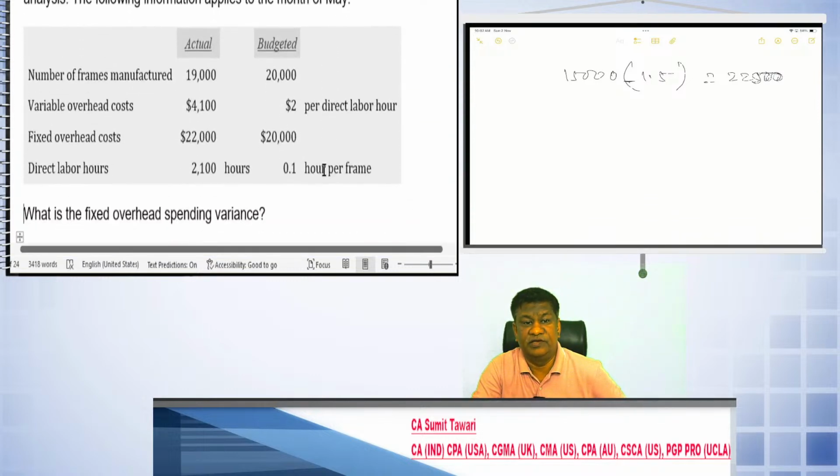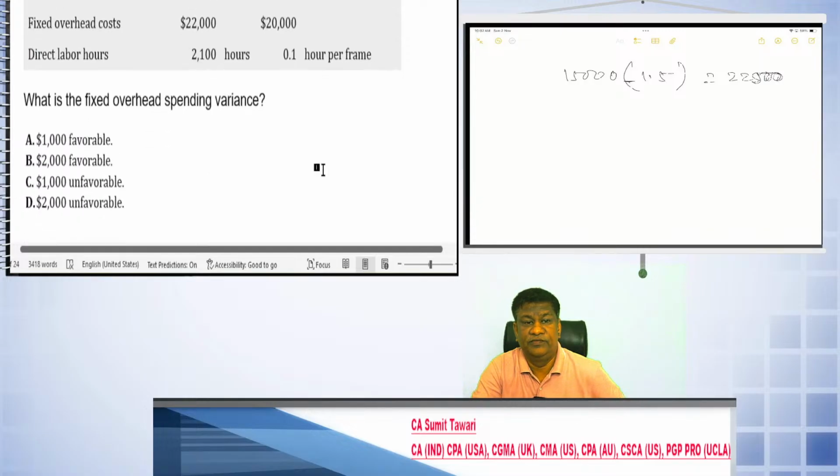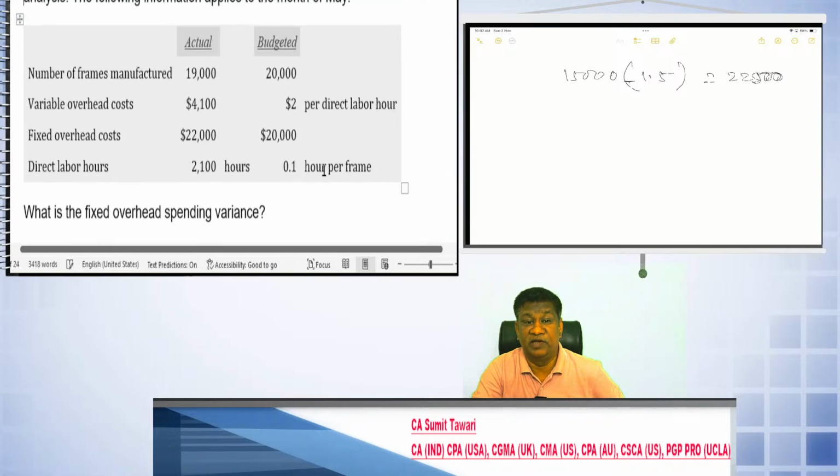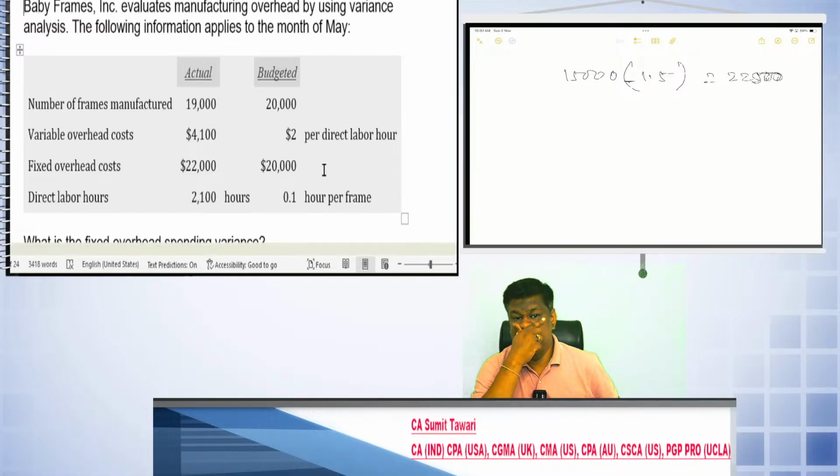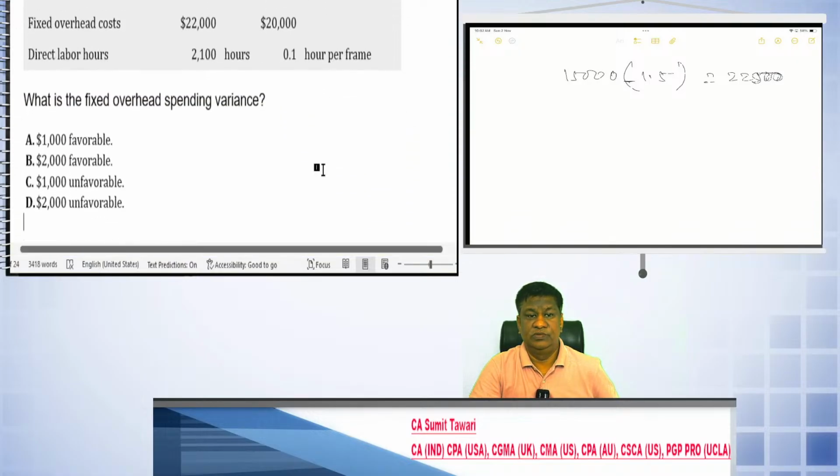Question number 28. Fixed overhead spending variances. Again, keep in mind, spending variances. 2000 unfavorable. Yes. 2000 unfavorable.